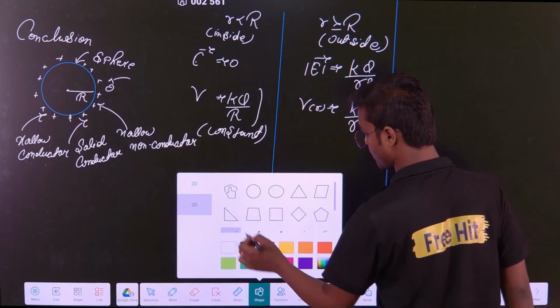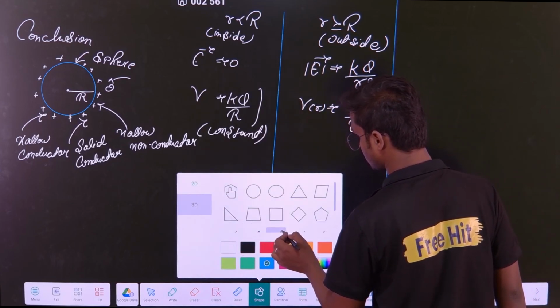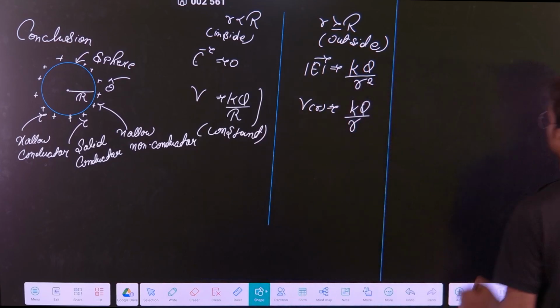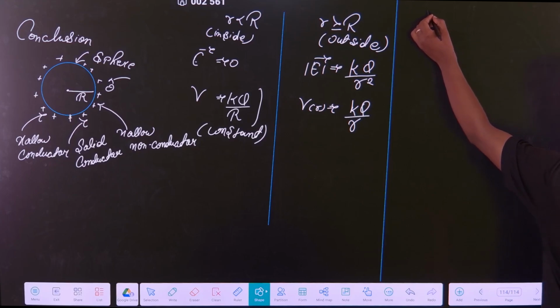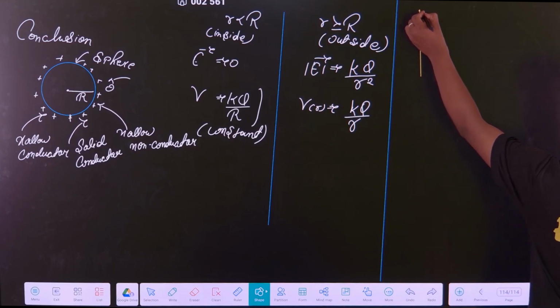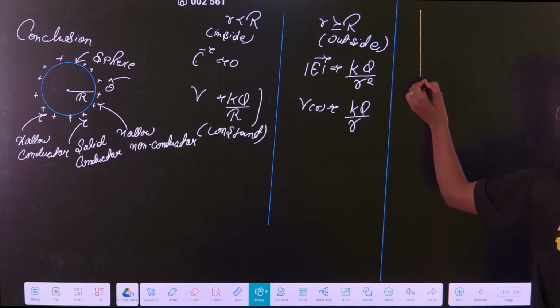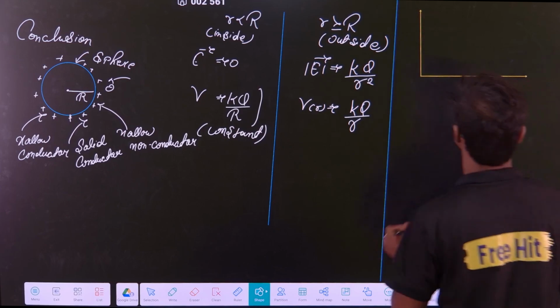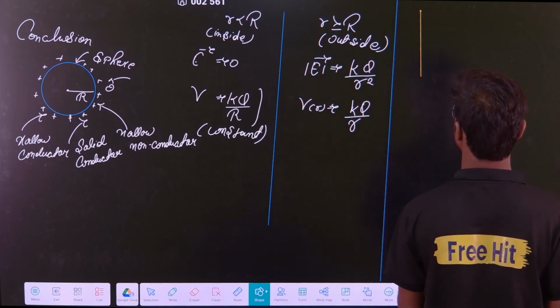Let's see these graphs. First graph, not straight.